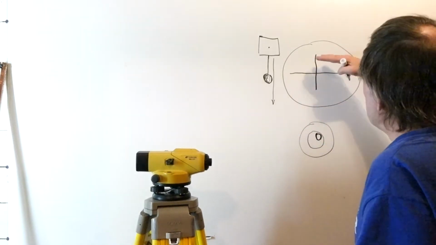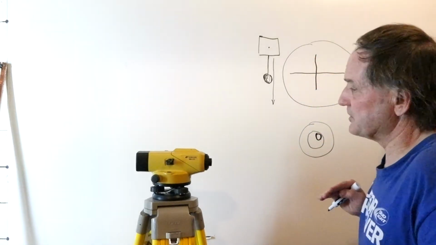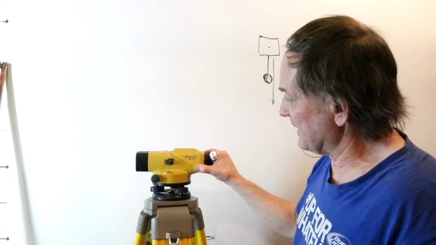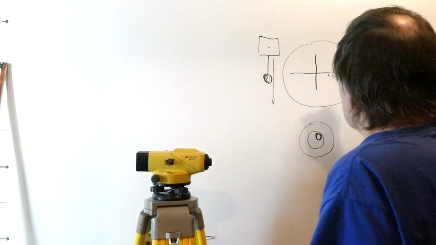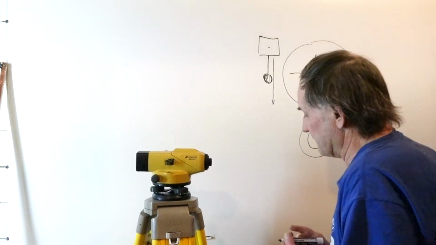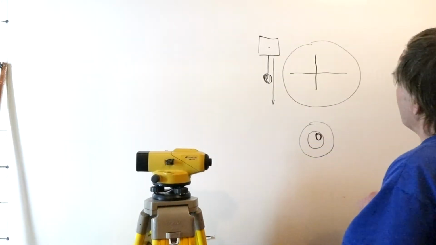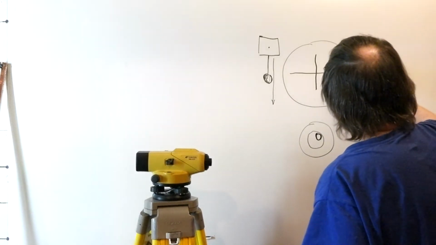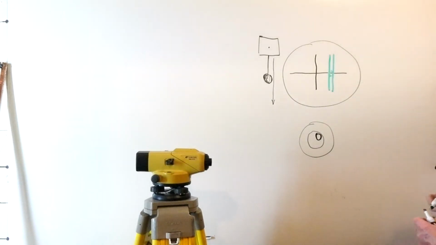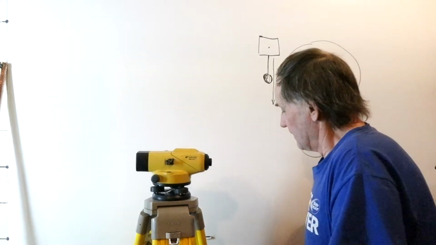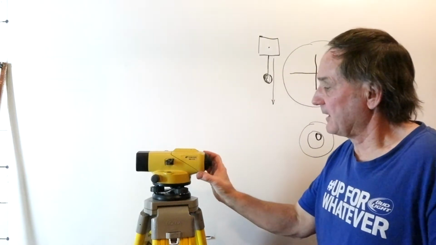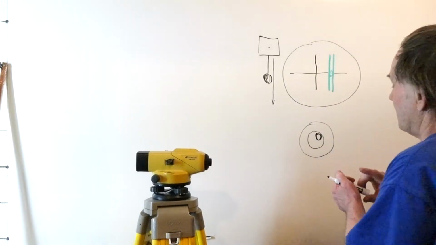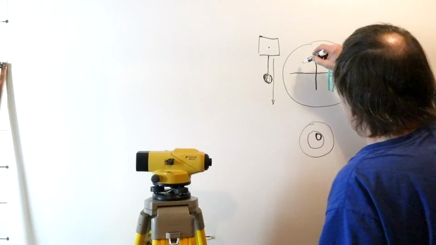Then the way you can tell if the compensator is released and is working properly, you can lift this thing up a little bit. Say you aim this at something in the distance. Say there happens to be a pole out there, and you have a mark on the pole. Then if you pick up or tilt the auto level a little bit, the crosshairs will move off this thing.